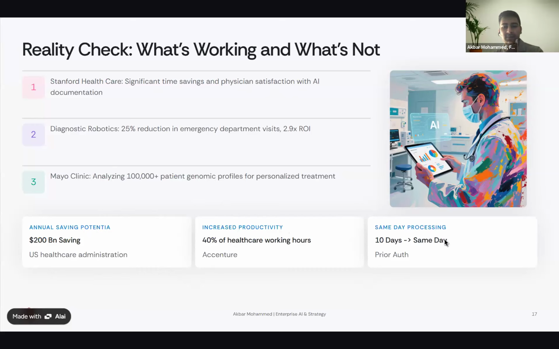I also talked about prior auth, right? And even in healthcare, we are seeing productivity gains where what would take you days, weeks is now taking much less time to process those claims, insurance elements, or even financial elements, right? So that's possible because of AI today.